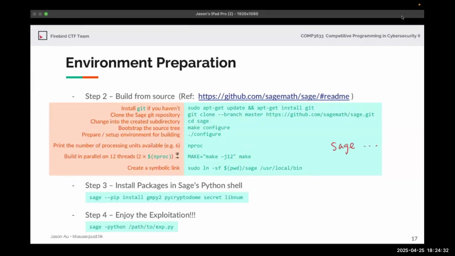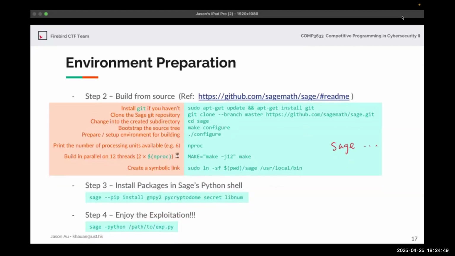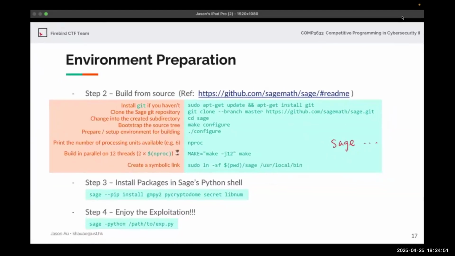The command is sage --pip install, followed by the packages. And then finally, we can run sage -python and then the path to the Python program. So instead of directly running the Python program in our own shell, we'll do it in the Sage shell.